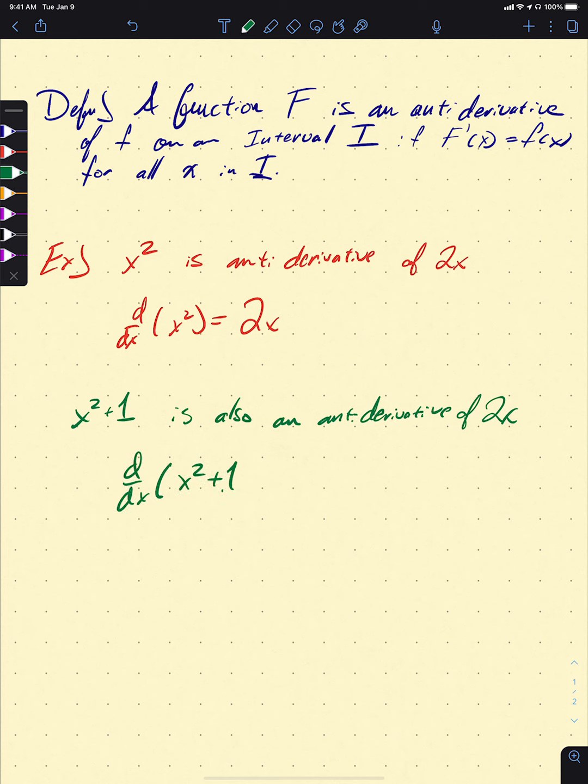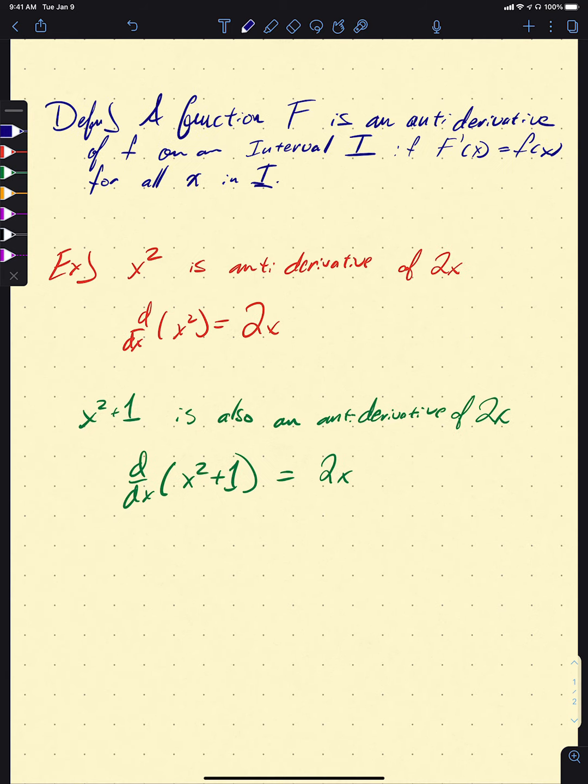If I take its derivative, that 1 is going to go away, so I'm still going to get 2x. And this is where things start to get a little more complicated than when we were taking straight derivatives, because now 2x has more than one antiderivative.